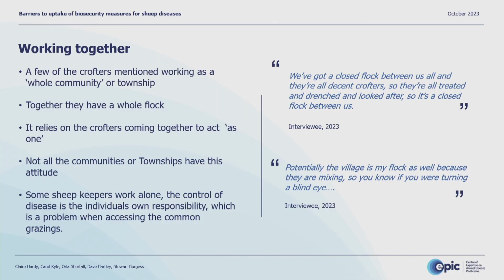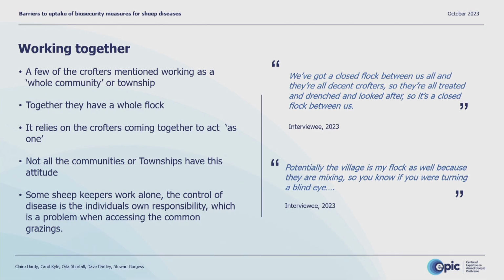So when we were talking to them, they talk a lot about working individually. Some of the townships do work well together, and they come together. That's great. A few of the crofters mentioned working as a whole community. Some of them have this idea that we've got a closed flock between us all, and they're decent crofters, and they've treated and they've drenched, and we're looking after it as a closed flock between us all.